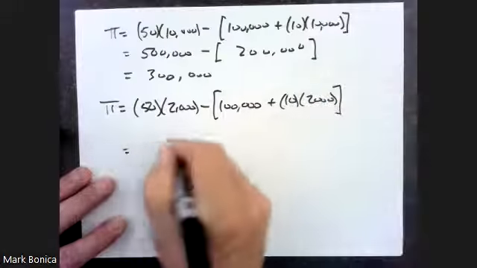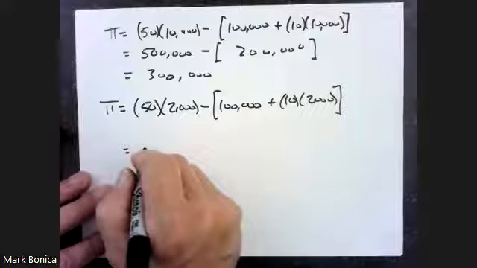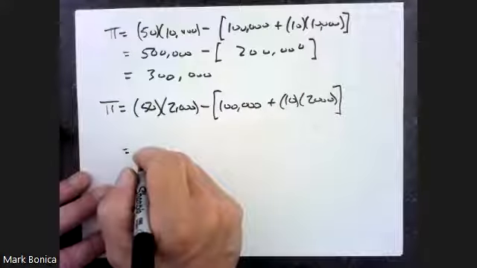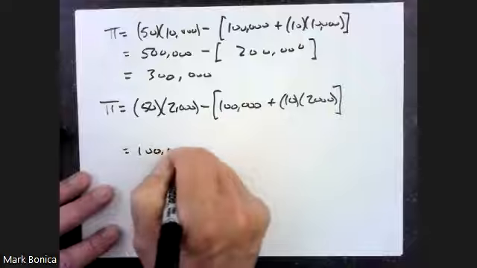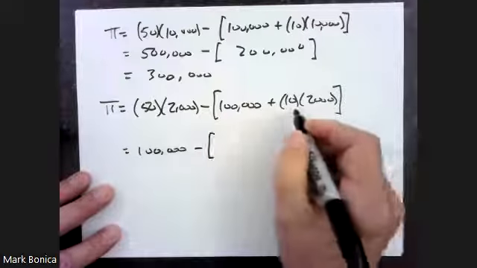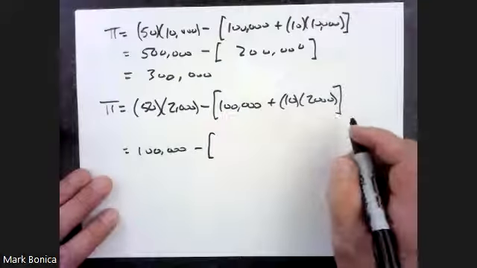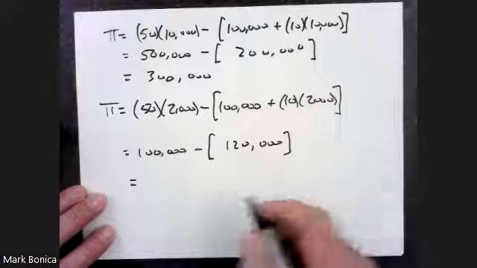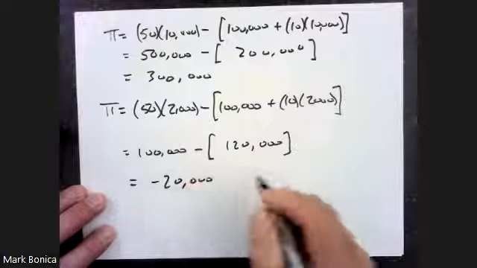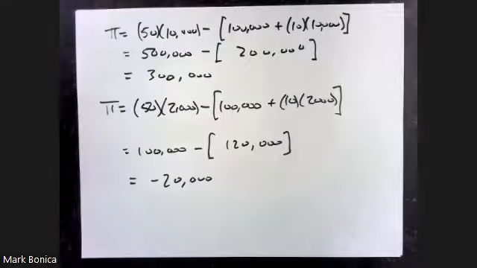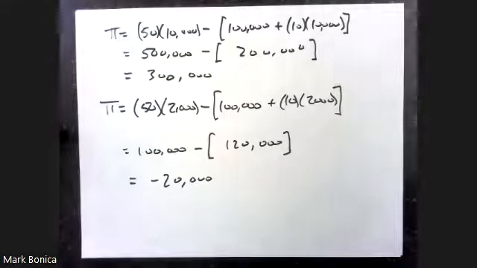All right. 50 times 2,000 gives us 100,000 minus 10 times 2,000 is 20,000. So 100,000 plus 20,000 is 120,000. So 100 minus 120 is negative 20,000, which is consistent with our graph, right?